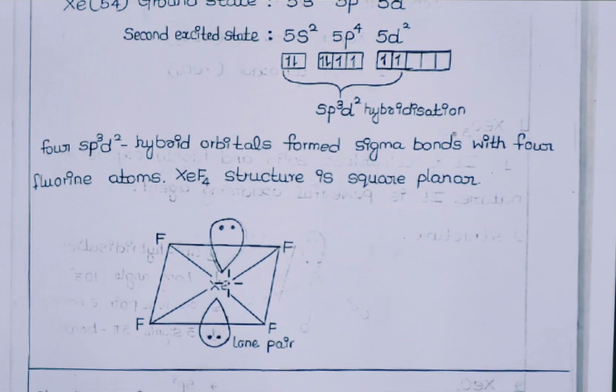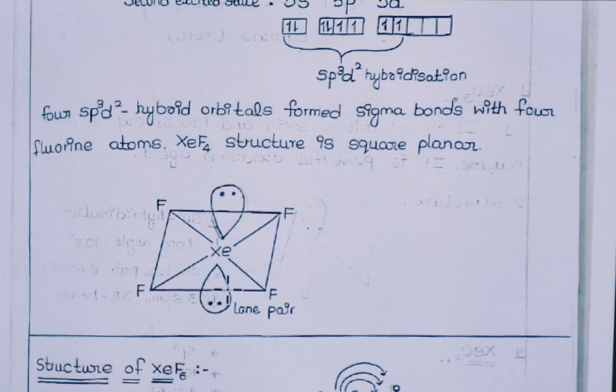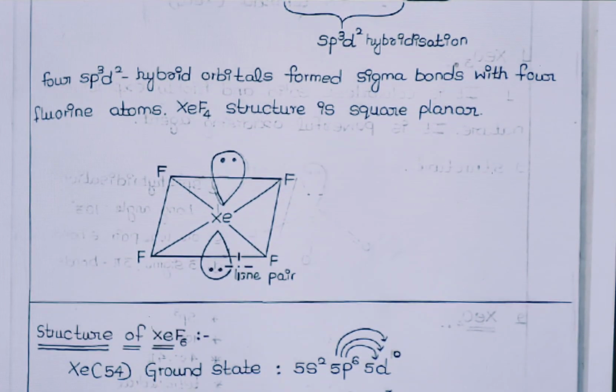These two sp3d2 hybrid orbitals don't participate in bonding because they have paired electrons. Therefore, xenon uses 4 sp3d2 hybrid orbitals with 4 fluorine atoms to form sigma bonds. This is the structure of xenon tetrafluoride. It is square planar.